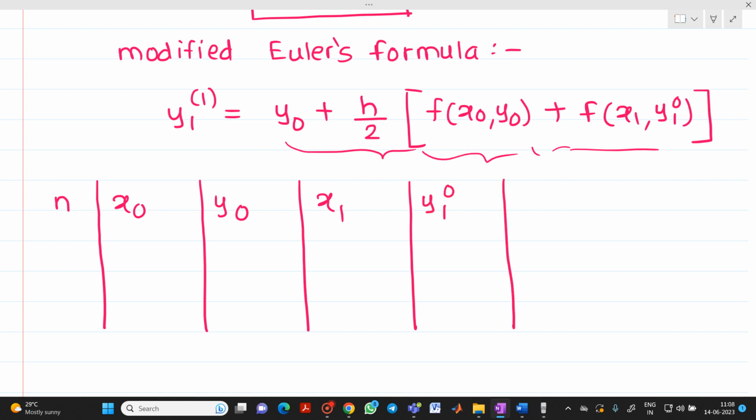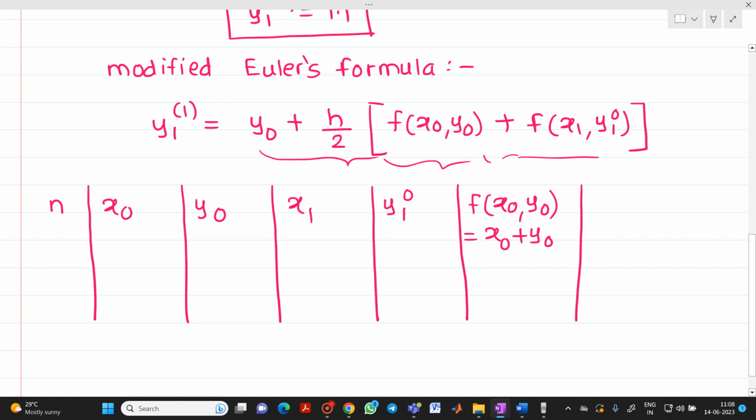If we know these two, then we will be able to find f(x0, y0). Now what is f(x0, y0)? It will be equal to x0 + y0. Then next is f(x1, y1(0)). What is your given function? x + y. So here you just substitute x = x1 and y = y1(0).